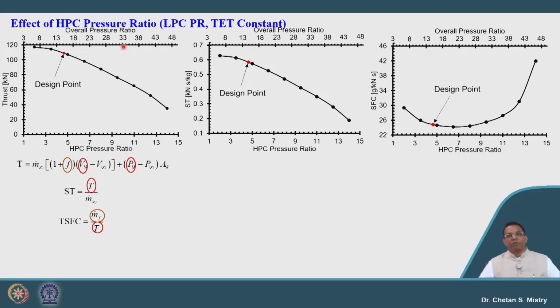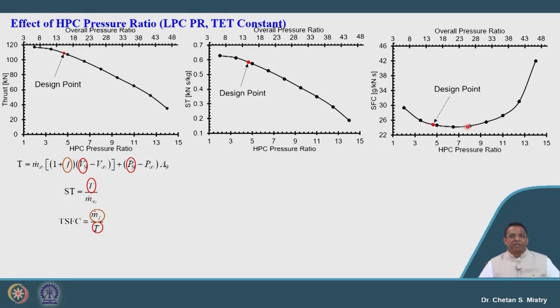Now, let us look at what is happening with the specific fuel consumption. Here also, our understanding says that when we increase our pressure ratio, my specific fuel consumption is going to decrease, because the amount of heat that is required to be added will decrease in this case.